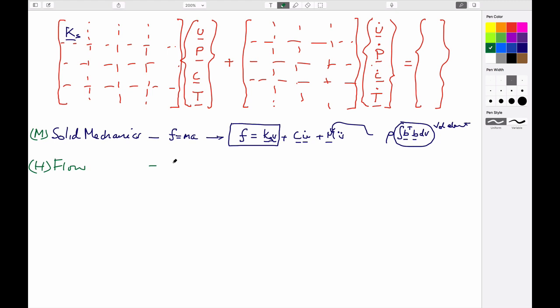And so this will look something like storage times rate of change of pressure plus hydraulic conductivity, the conductance matrix, times pressure equals flow rate. And maybe we should put an H on this to represent the fact that it's the flow part.